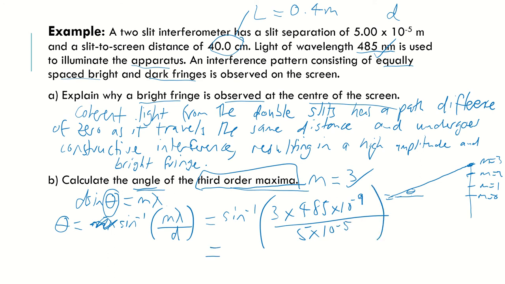And if you type that all into your calculator, sine to the minus 1 of that, you get an angle. So the angle of the third order maxima is 1.67 degrees to 3 significant figures.